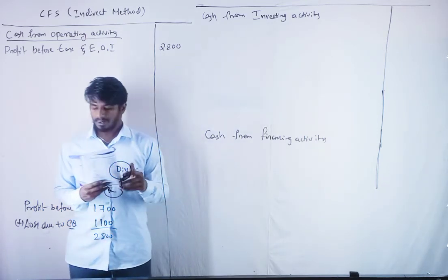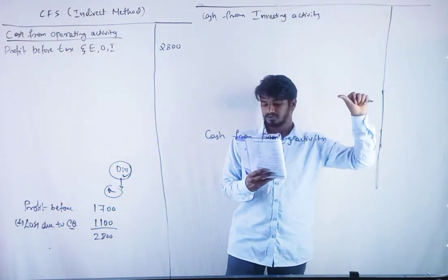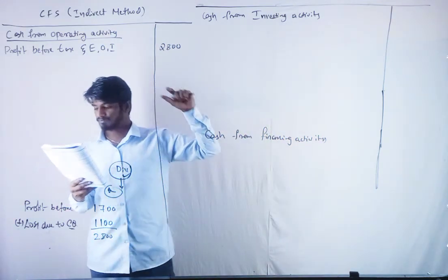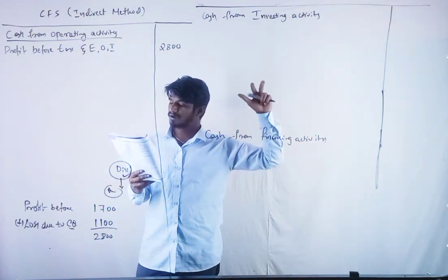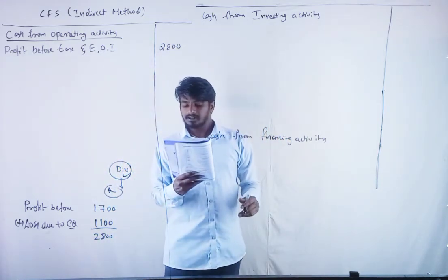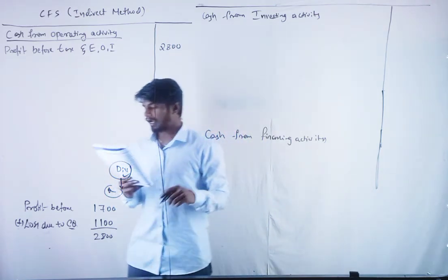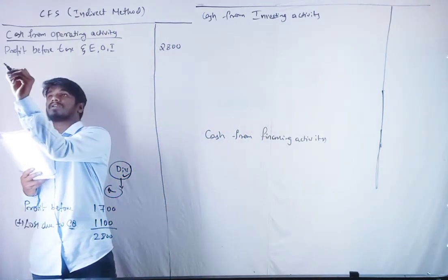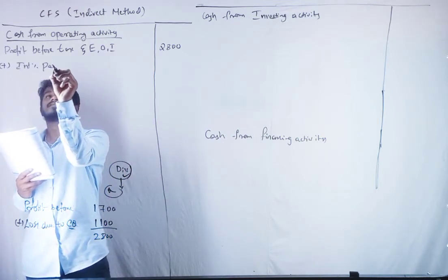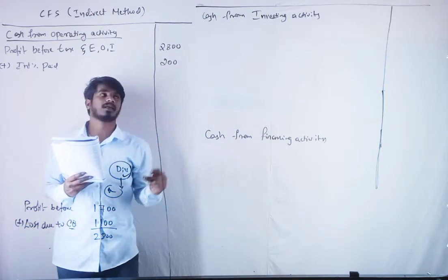Next, expenses. Cost of material consumed, is that operating? Yes, leave. Employee benefit expenses, is that operating? Yes, obviously. Finance cost, is that operating? No. Interest paying is not your business, right? What we will do, add back to the profit interest paid 200, add back.